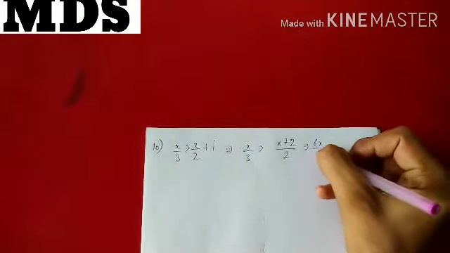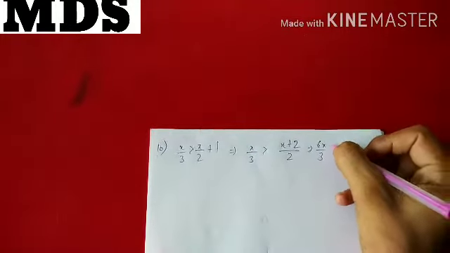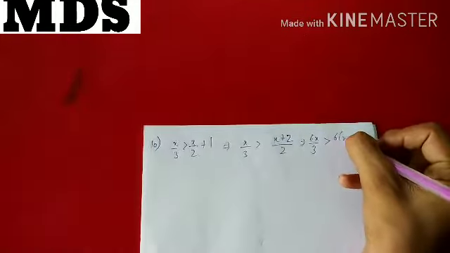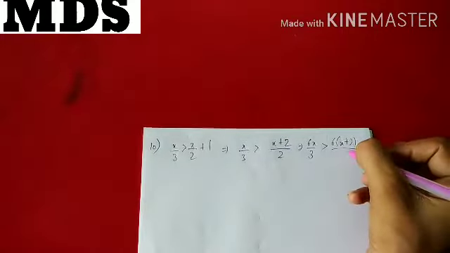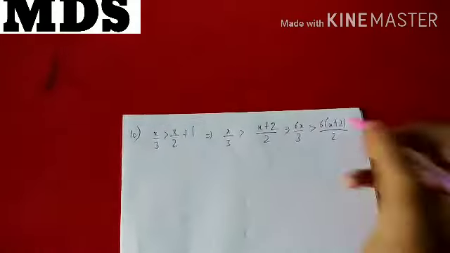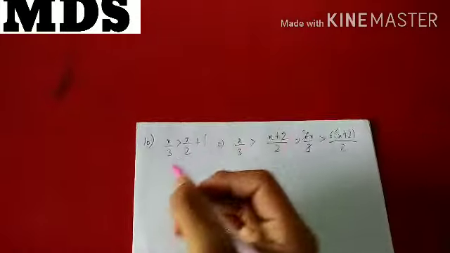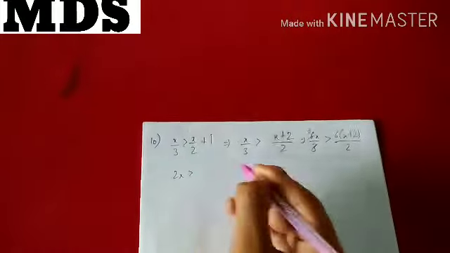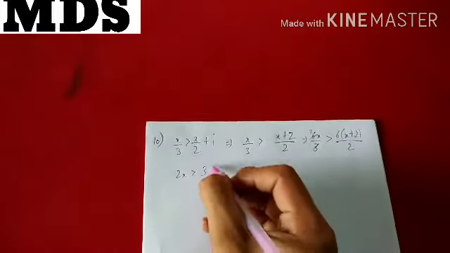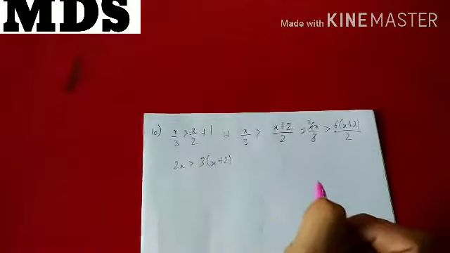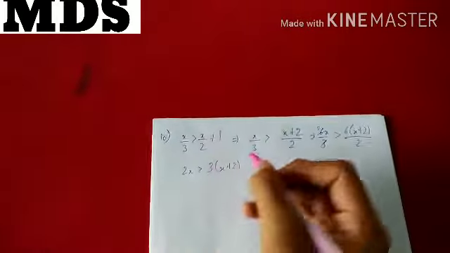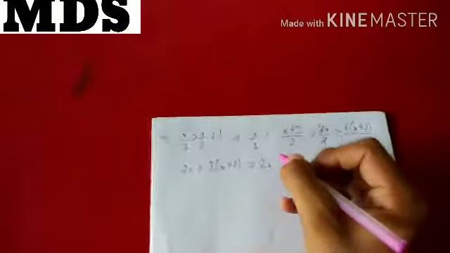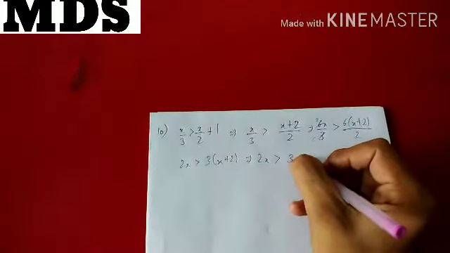So we will get 6x by 3 greater than 6 into x plus 2 by 2. Okay, this will cancel it 2. So we will get 2x greater than 3 into x plus 2. Okay, so it will be 2x greater than 3x plus 6.